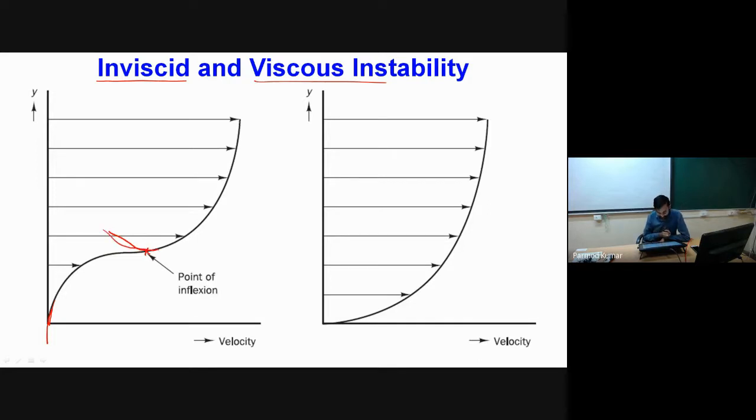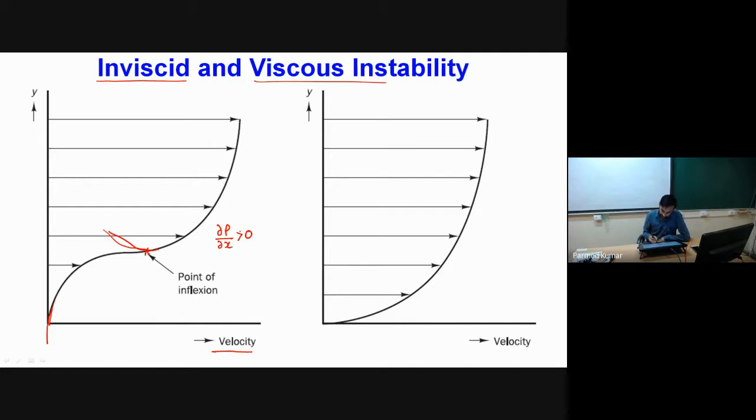Here I am showing velocity on this side and this is my distance y. This type of velocity profile is evident in flows with adverse pressure gradients. Adverse pressure gradient means del P by del X is greater than 0.